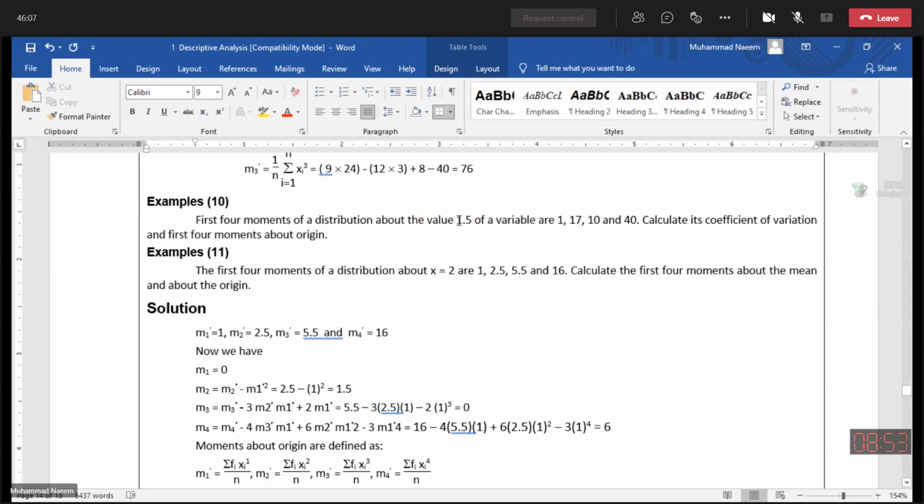The deviations are taken from 1.5 and different powers are used in the first four moments. In the first moment, power 1 is used, second moment, power 2, and similarly up to the fourth moment. Expand all these powers, apply sigma and divide by n to each term. We will get one by one the first 4 moments about the origin.